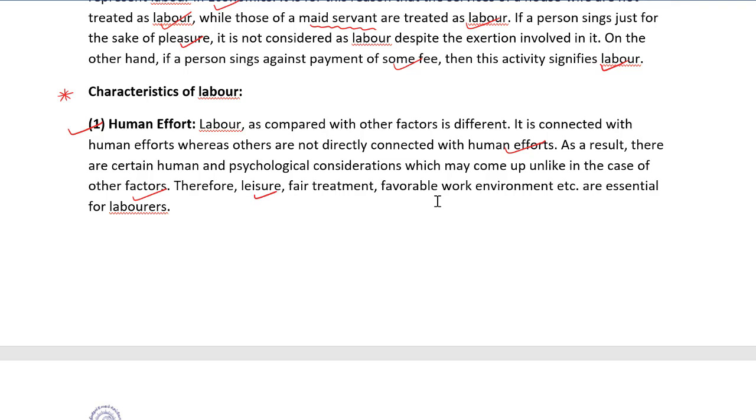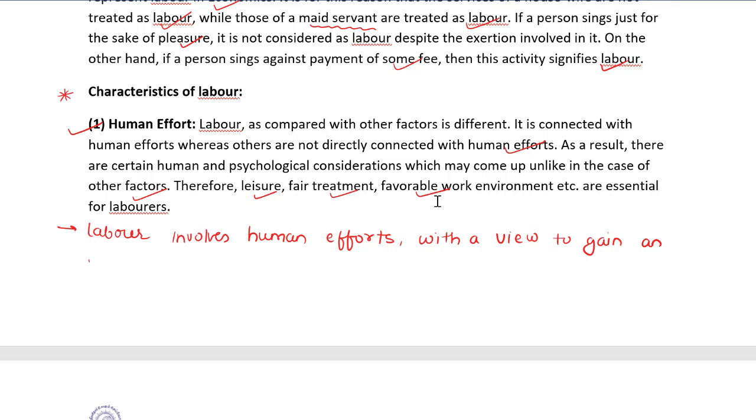Therefore, leisure, fair treatment, favorable work environment are essential for laborers. Favorable work environment is essential for laborers. Just read it over, just write along with me. Labor involves human efforts with a view to gain an economic reward.